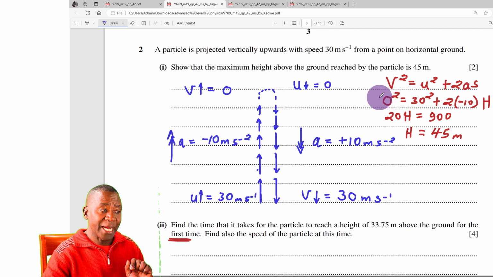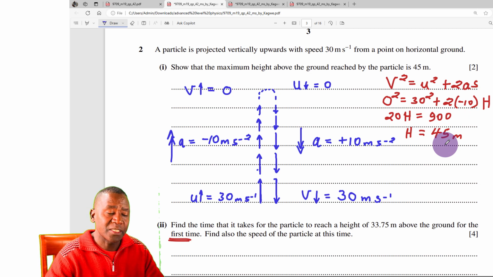V at maximum height is 0. The initial velocity vertically upwards is 30, so I square that plus 2as. And I remember to put a negative sign there because it is moving vertically upwards. It is moving against the gravitational pull. And of course, once we do that, we get a height of 45 meters. So that first part is very easy.